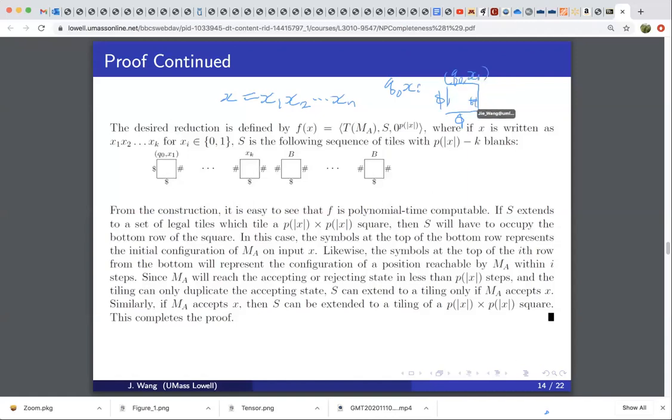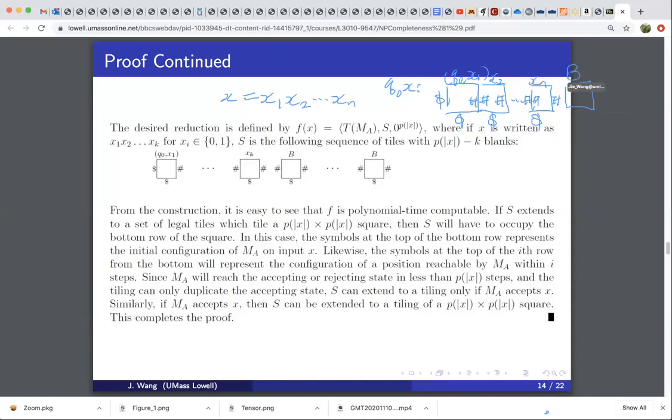And then the second one will be x2. And then the last one will be xn. Okay, and then followed by the rest of it filled in with blank.